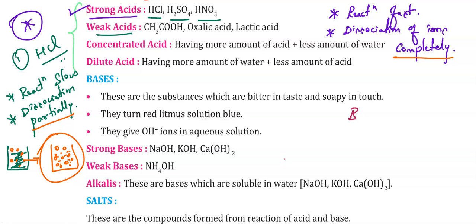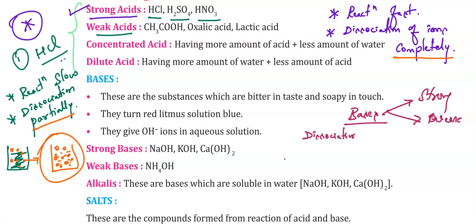If they are bases, what about bases? Whether the base is strong or weak, let it be anything, but remember, in this case the dissociation of ions will not take place.